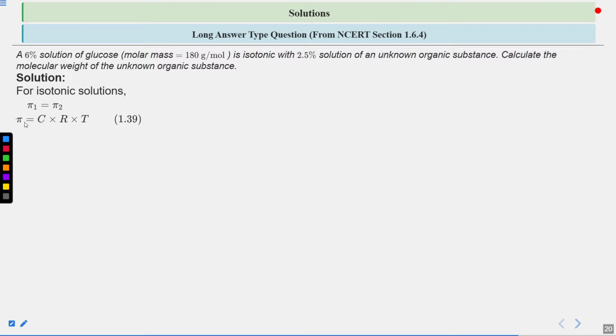So we know that pi equals CRT, where C is concentration, R is the gas constant, T is the temperature, and this equation is given as 1.39 in our NCERT textbook in the solution chapter.